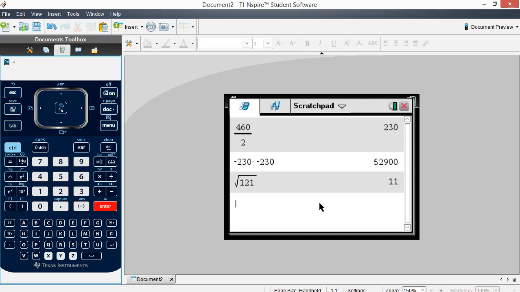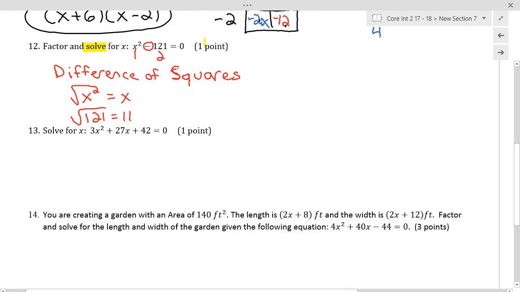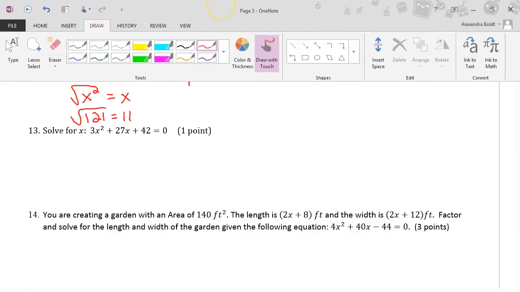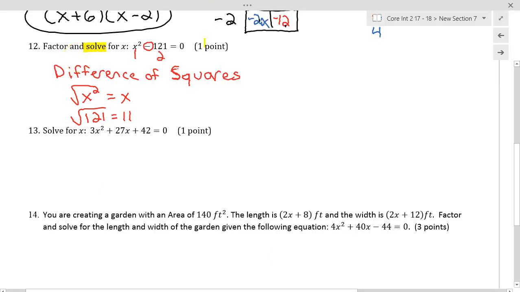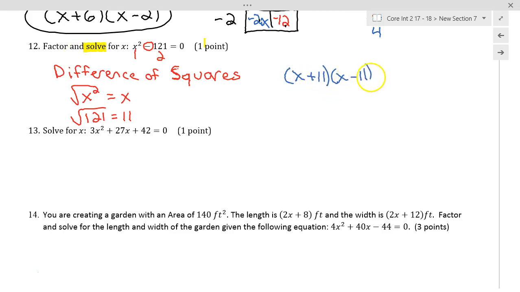So that's how we get that. So then, my function is x plus 11, x minus 11 equals 0. Okay, so that's how that factors.